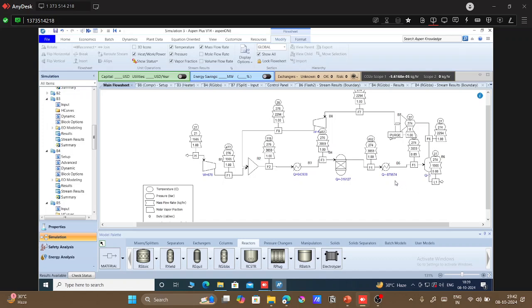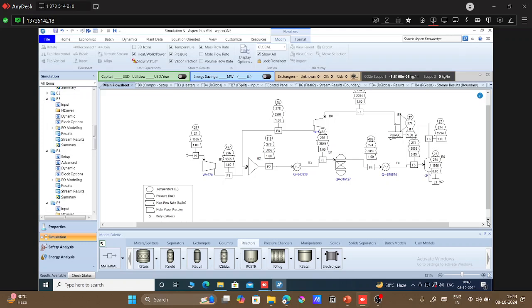The total energy output from the reactor and cooler is the summation of both: 316127 plus 879574, so around 1195701 energy is being released, which is much surplus to this. So clearly there is a chance to do heat integration, where we can save overall utility of the plant as well as export some energy from the plant.